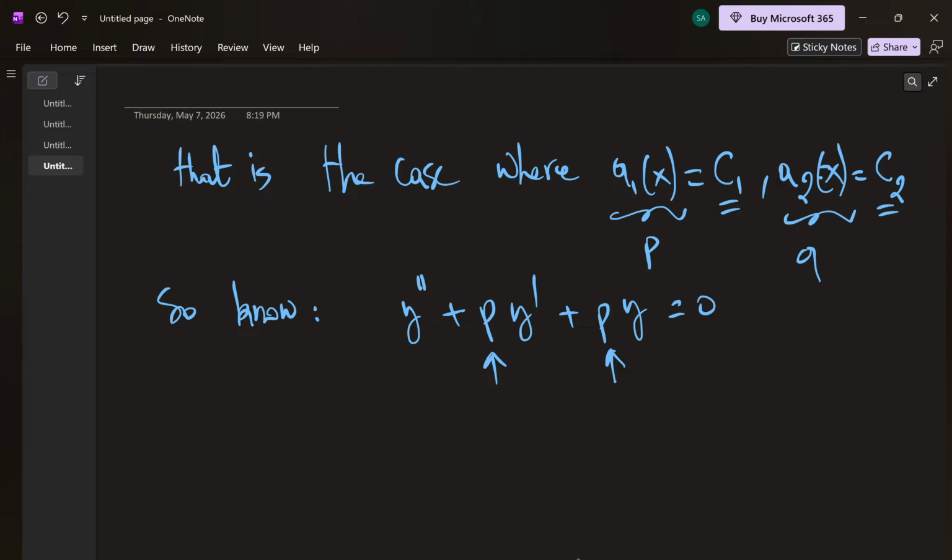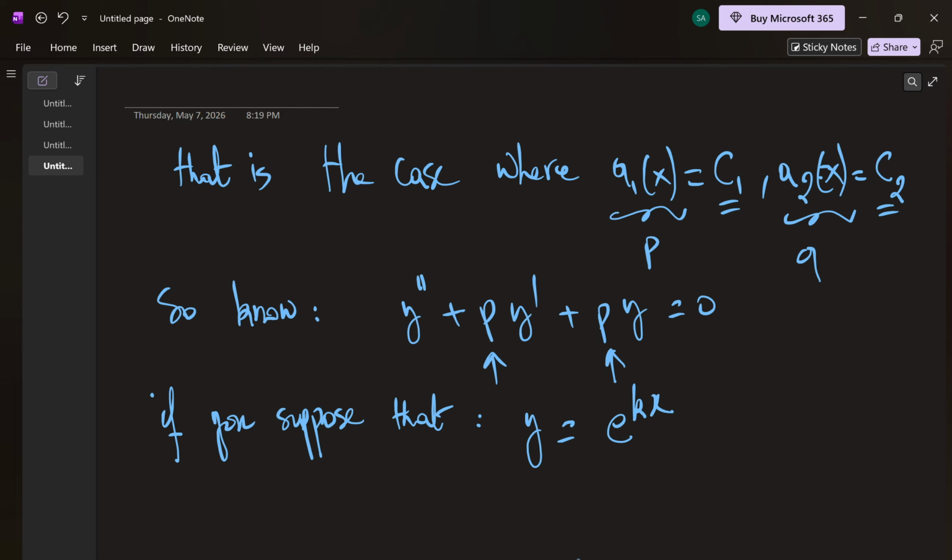So if you suppose that the solution will be something like this: y is equal to some exponential kx.